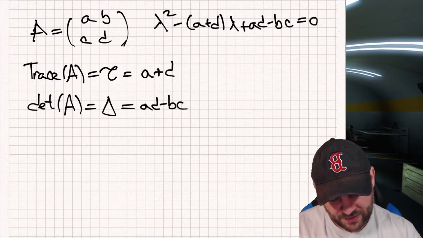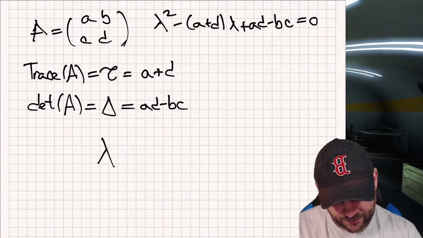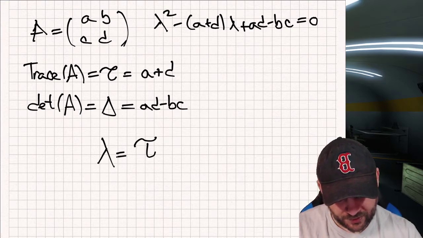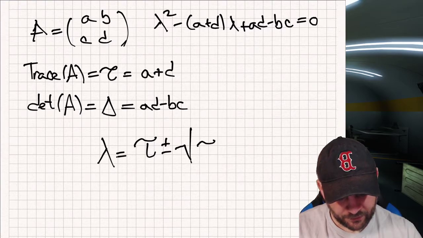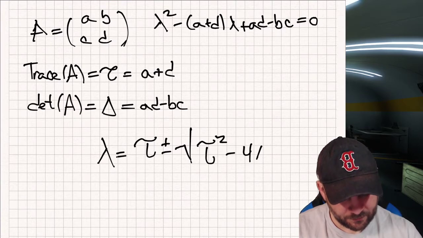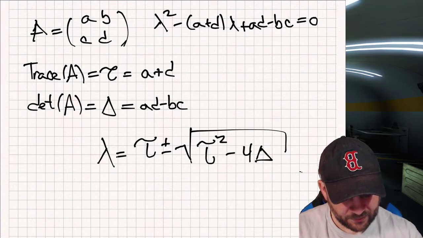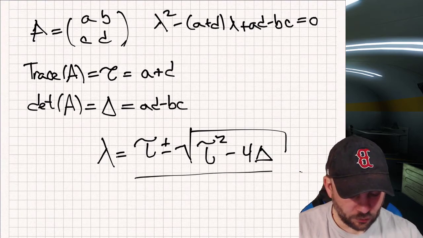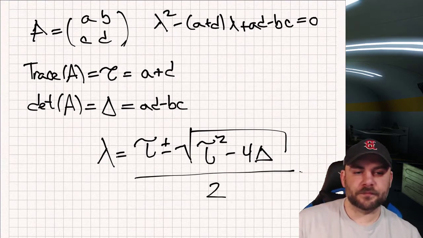And so if I went about solving this, lambda equals the trace plus or minus the square root of the trace squared minus 4 times the delta, and everything, good Lord, everything over 2.